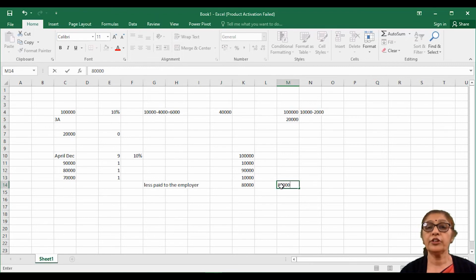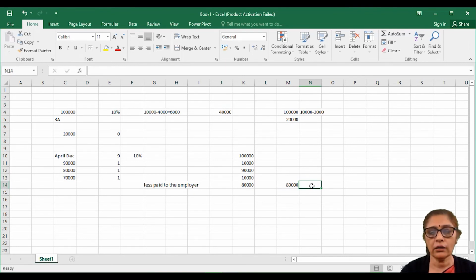But when we talk of depreciation, we have to be careful again of 2 things. One, the period for which the asset is used, and we need to take the completed years. Let us say the employer has used it for 2 years and 8 months. So do we give depreciation for 2 years, 8 months? No. Depreciation is given for 2 years, completed years.